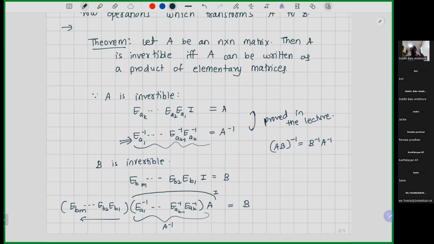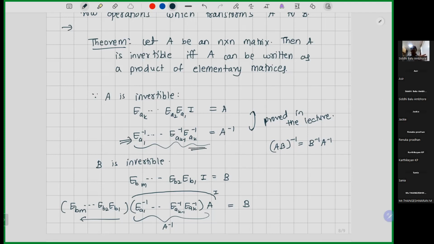So what we are doing is we are starting with A, and since this is an invertible matrix, we can do finitely many elementary row operations and get identity. And once I have identity, since B is an invertible matrix again, I can have a product of row operations such that I will get B. So I will just apply those again on that I to get B. So I am starting with A, and I am getting identity in between because of these expressions.